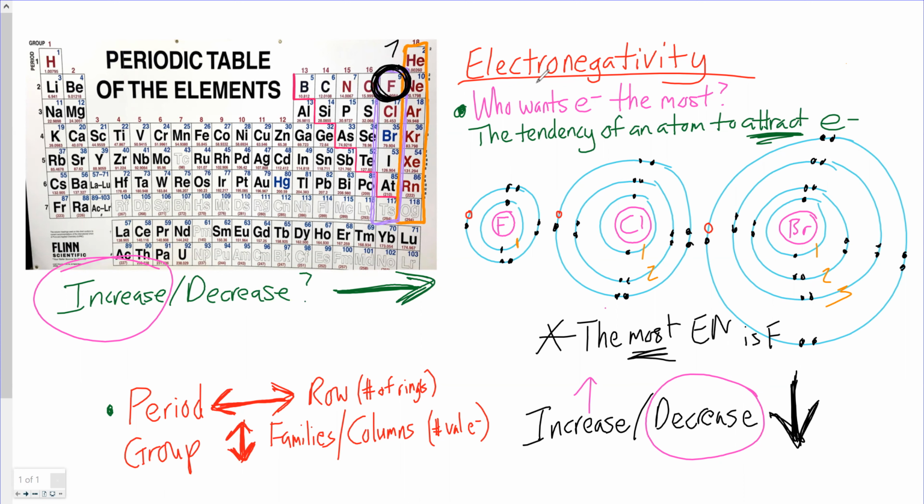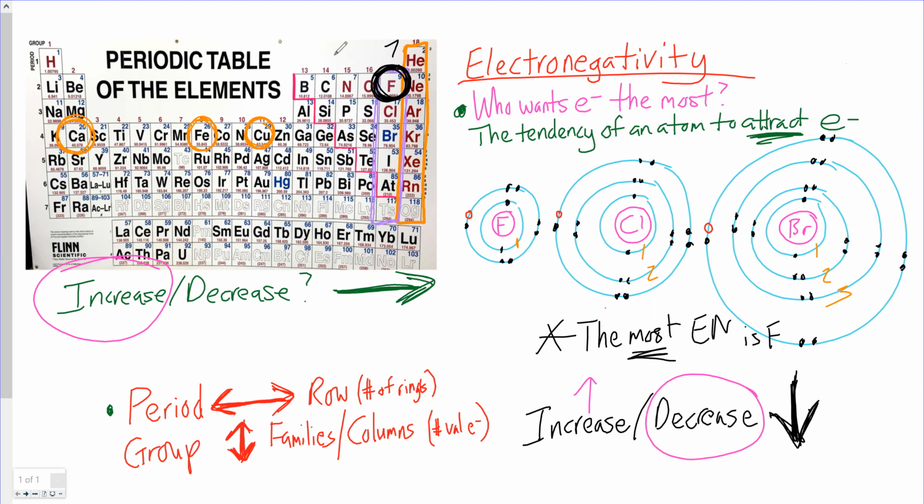Here's the type of problem that I could, hint, hint, ask you on a test or quiz. I would give you a few elements, something like calcium and iron and copper. This is how I could word the question. Who is the most electronegative?